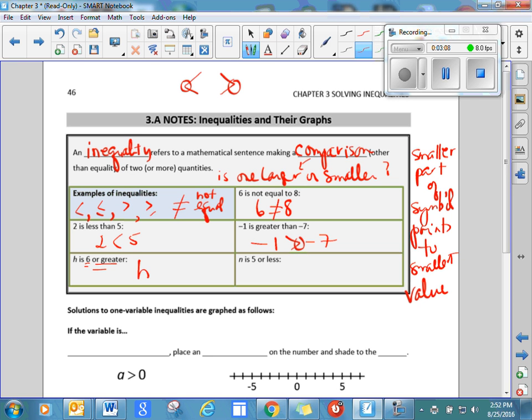So X is greater than or equal to 6, and N is 5 or less, so it can be 5 and it can be smaller than 5. So N is less than or equal to 5. So again, the number that you're putting in, since this is the smallest part of the symbol right here, all of these numbers over here will be smaller than or equal to our target number on the right.